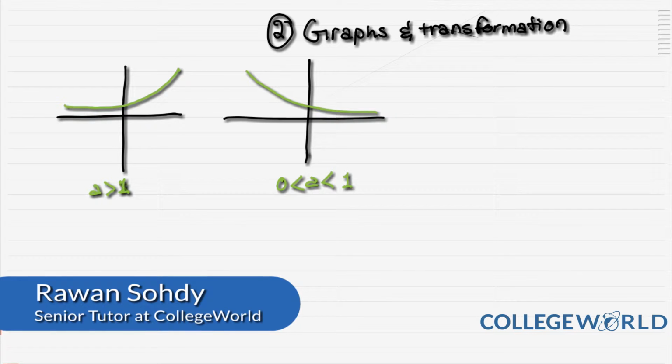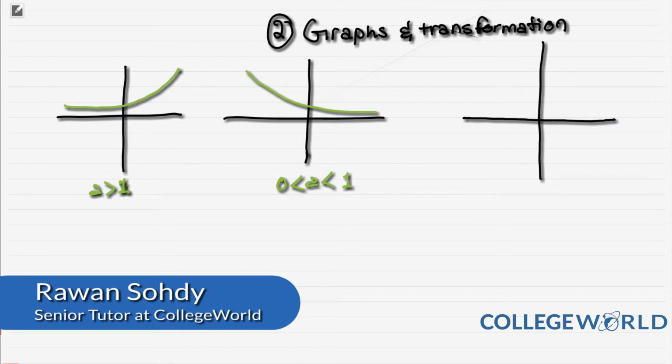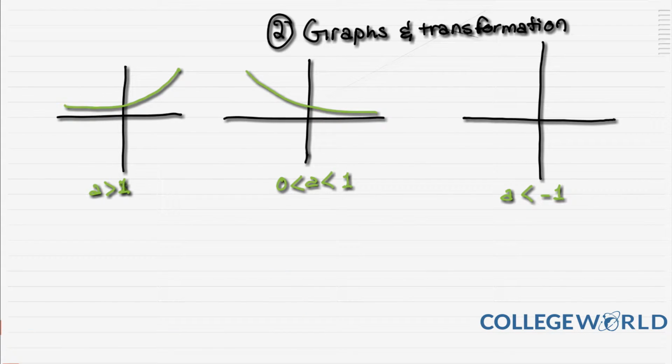Then we need to know, what if there were negatives? What if a itself was negative? If a was less than -1, then we're going to be simply reflecting. Why? Because let's say we're doing -2 to the power x, when x is -1, 0, and 1.